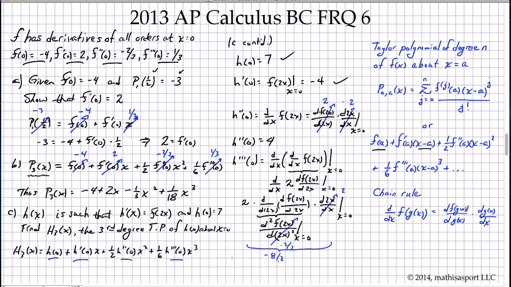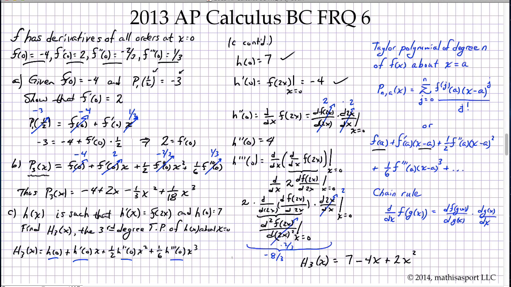Now we can put everything together. h3 of x is 7 minus 4 times x plus, what did we find for h double prime of 0? 4. But we multiply that by a half. 4 over 2 is 2.